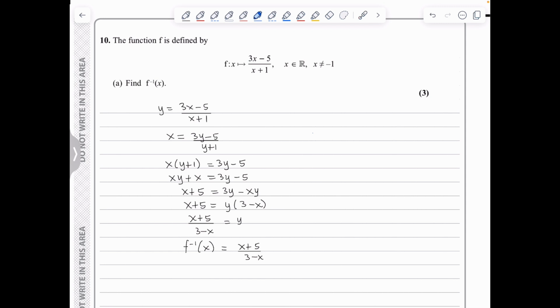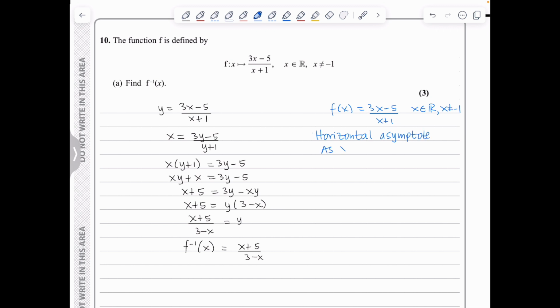So for f, we have that f of x is (3x minus 5) over (x plus 1), with x attaining any value in the reals apart from -1. So for the horizontal asymptote, we need to consider the behavior of y as x goes to infinity.